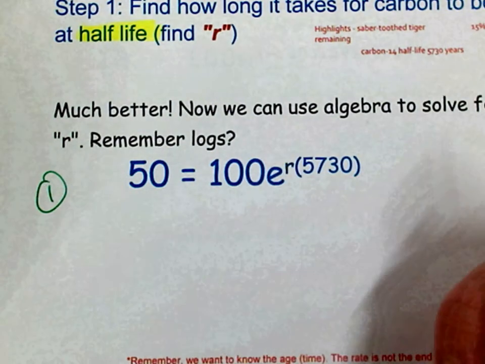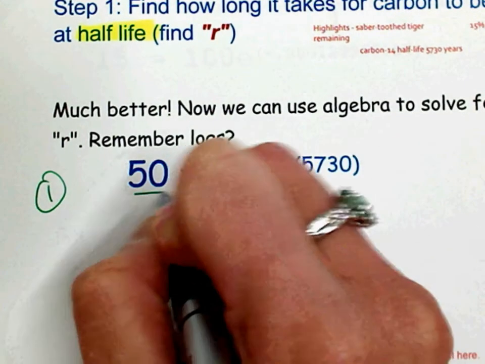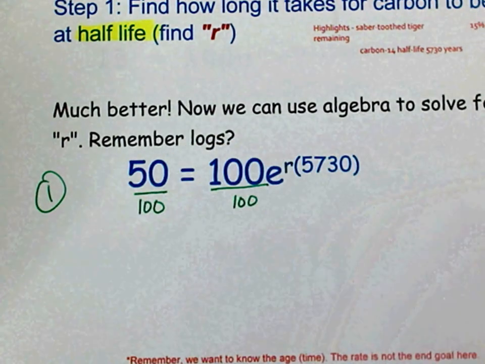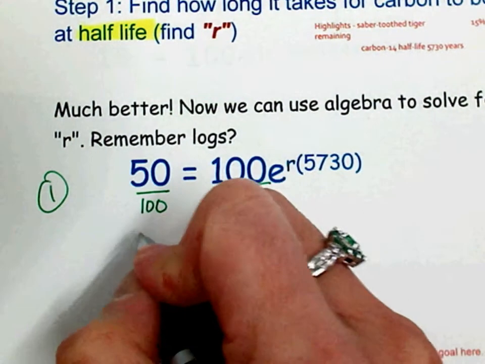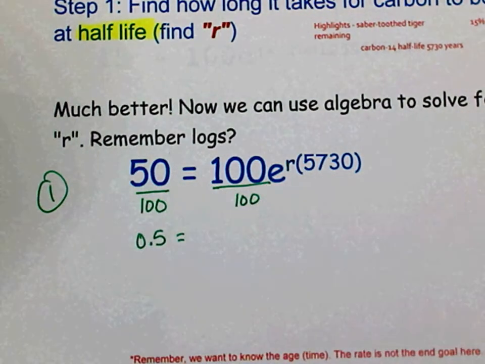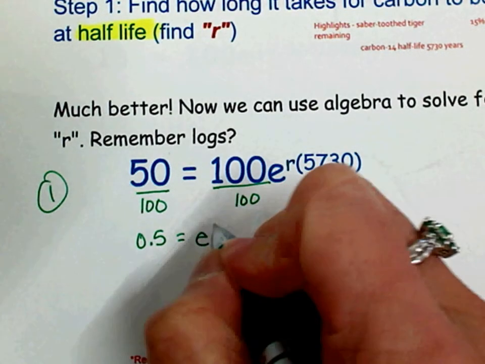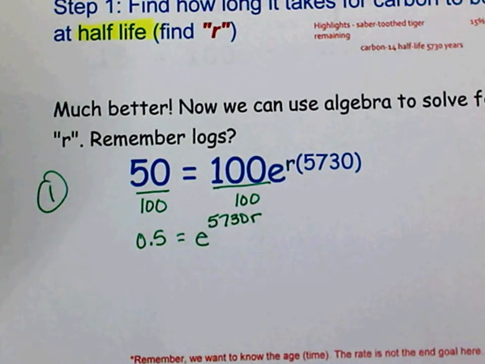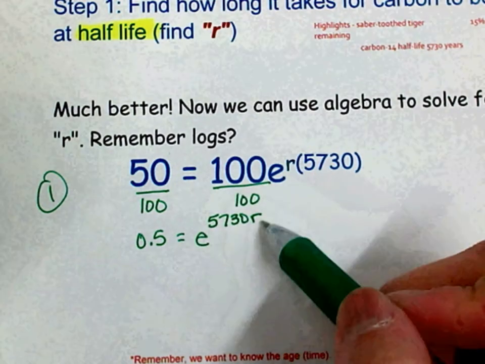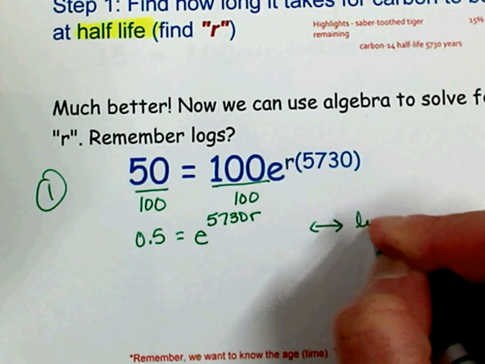You guys ready? Divide each side by 100. Okay, so 50 divided by 100 is 0.5 equals base e, and I'm going to rewrite this where the R comes in next. Notice the R is in an exponential position, so I need to rewrite this as a logarithm.